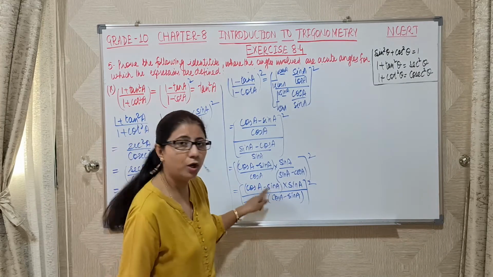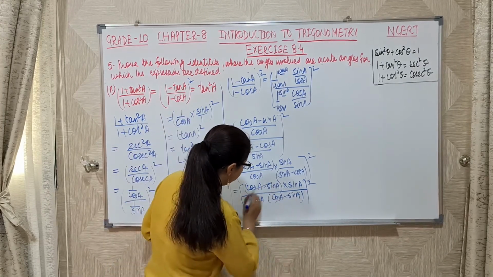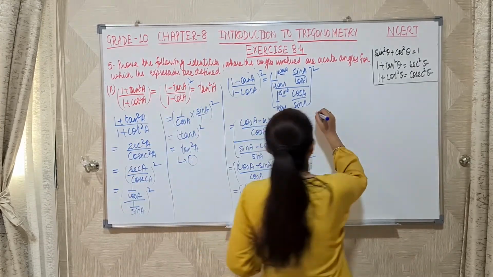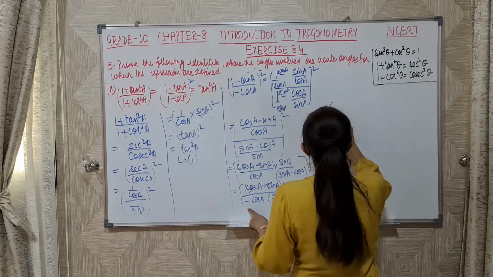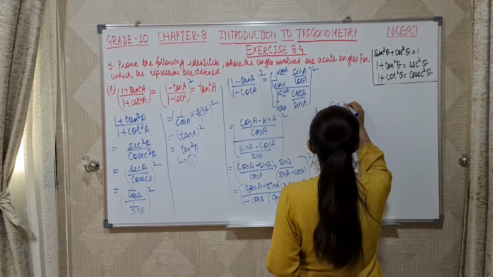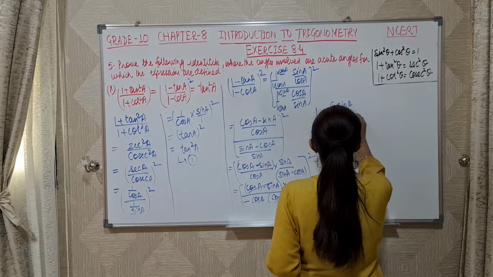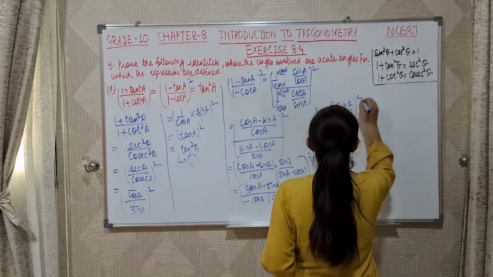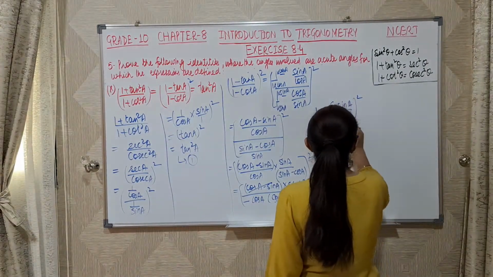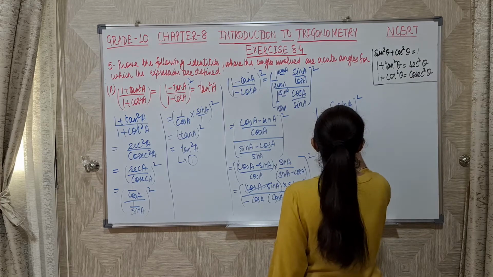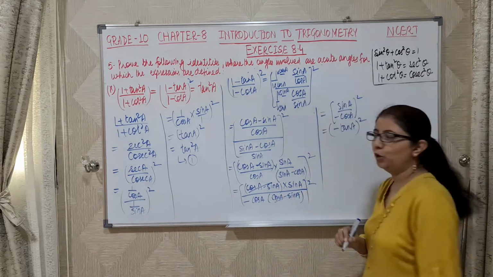So now this is common term, so we can cancel this. Okay, and we are left with sine A in numerator over minus cos A whole square. Okay, so sin A by cos A is tan A. Minus sign is also there, whole square.